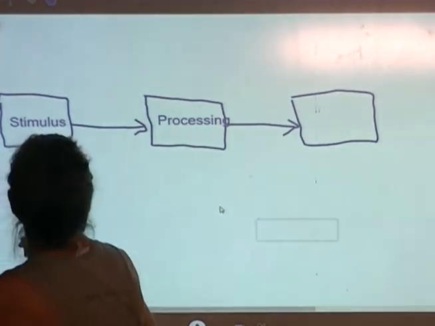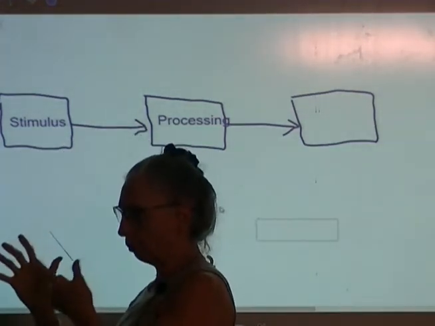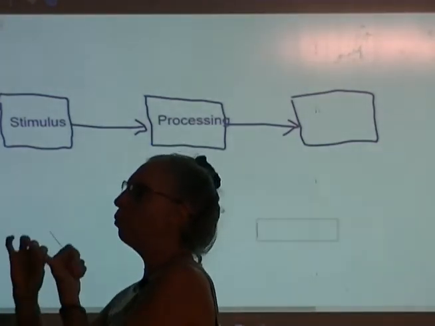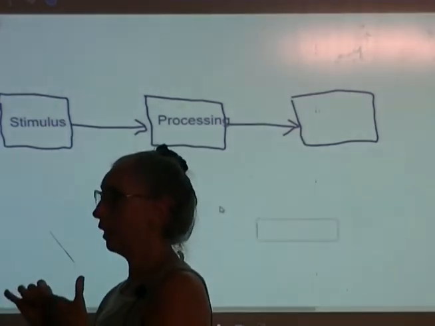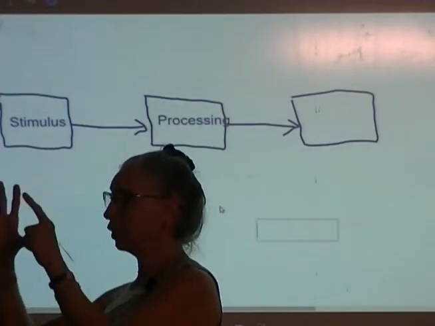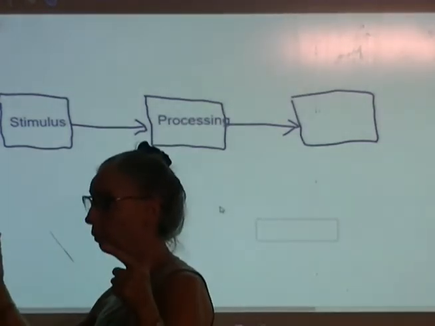Okay? The really big bit of box 2 of the processing is the decision making. Now I know what the stimulus is, what the heck am I going to do about it? Right? Multiple choices. And so that decision making is the thing that really slows me down.